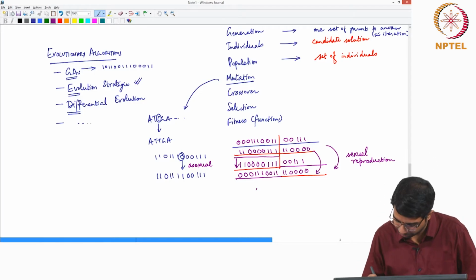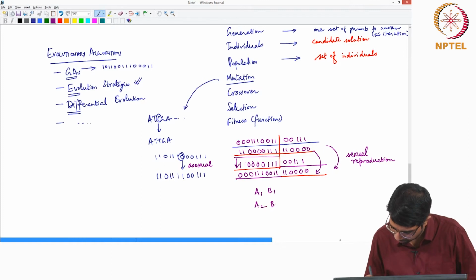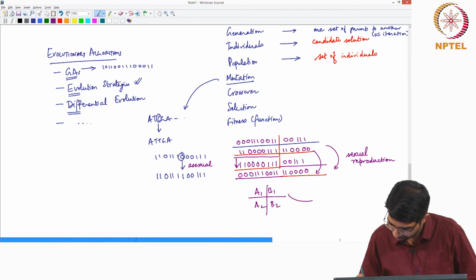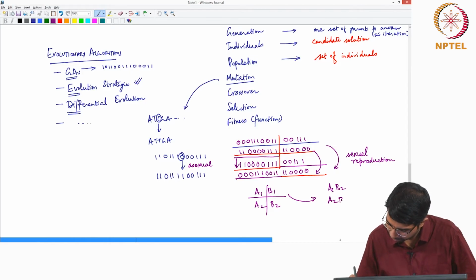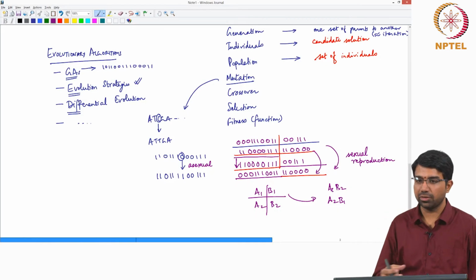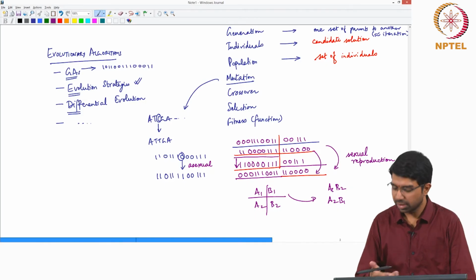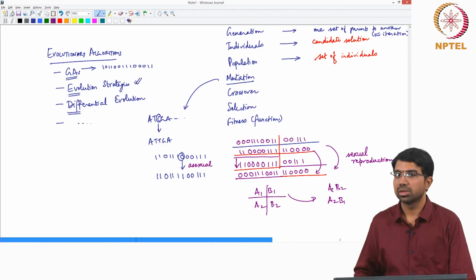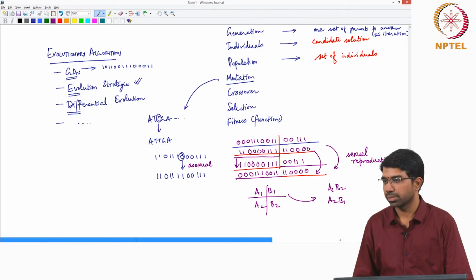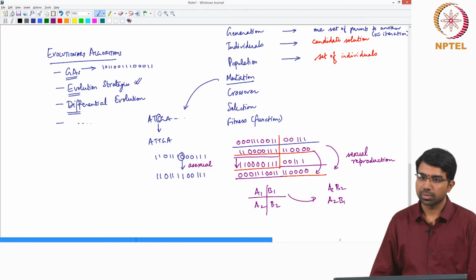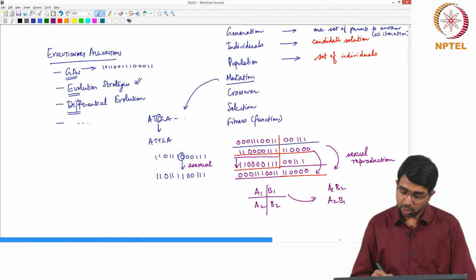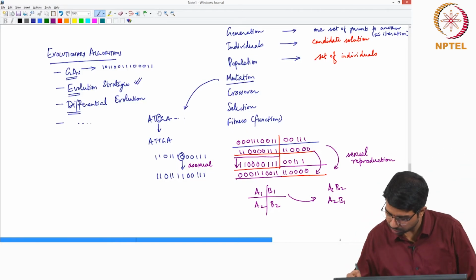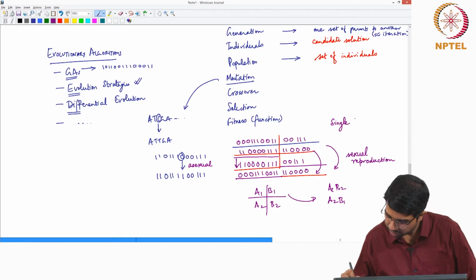So, essentially if you have an A1 B1 and A2 B2, you have a crossover which gives you A1 B2 and A2 B1, if these are segments of the genome, or here in this case segments of your bit strings, bit vectors. You randomly pick a point, so this is actually what is known as a single point crossover.